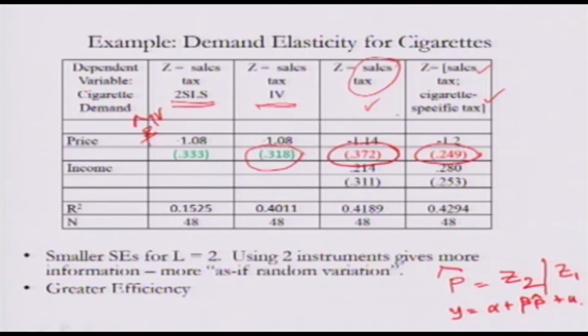Remember that the difference between column 3 and column 4 is only the addition of this second IV, the cigarette specific tax, and the linear combination of the IVs gives you a more efficient estimate. Exactly what we had discussed before: when you have multiple valid instruments, it's better to use all of them, because that increases the efficiency, or in other words, increases the as if random variation in your IV.